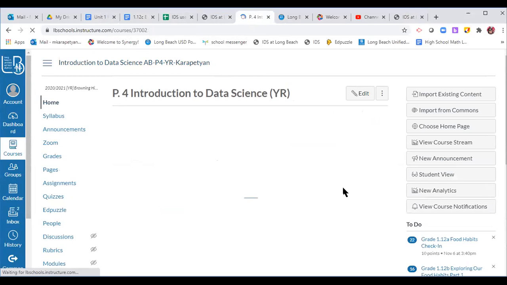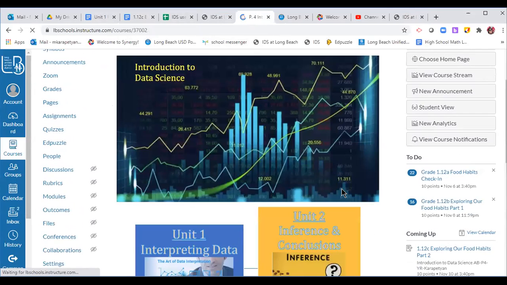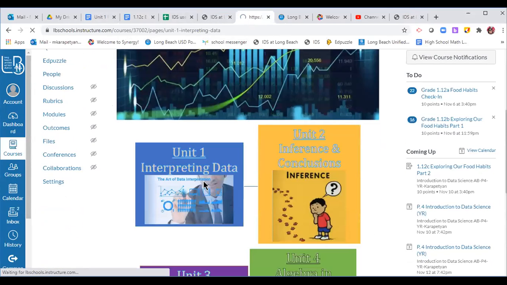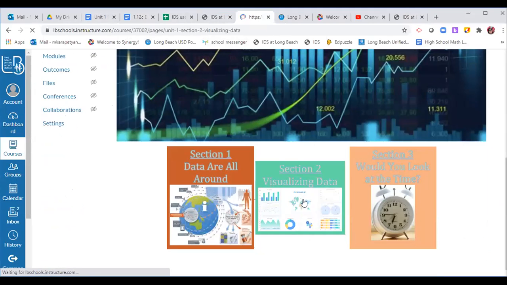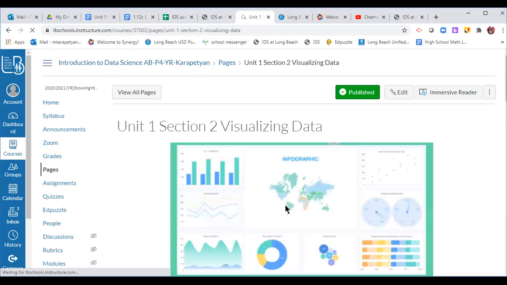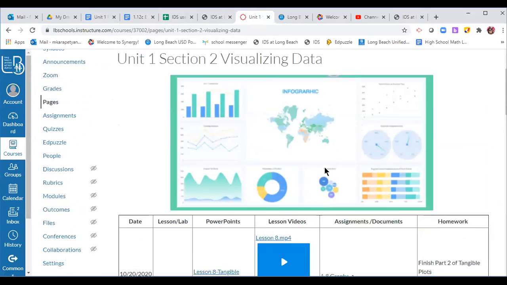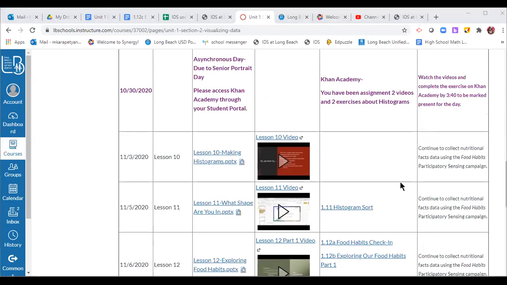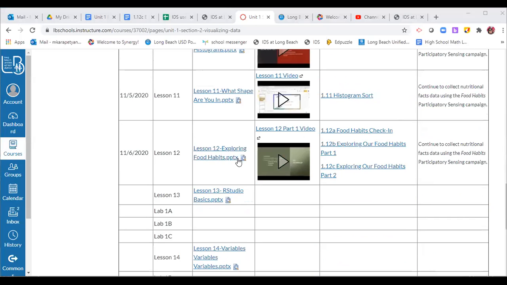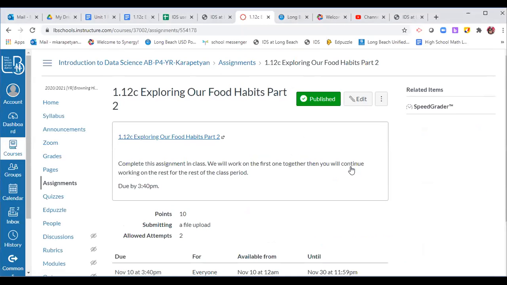If you go to your Unit 1, Section 2 page. Okay, here's Unit 1, Section 2. Okay, scroll down to Lesson 12, because that's what we're finishing up. Okay, and you're going to click on the 1.12c, exploring our food habits.